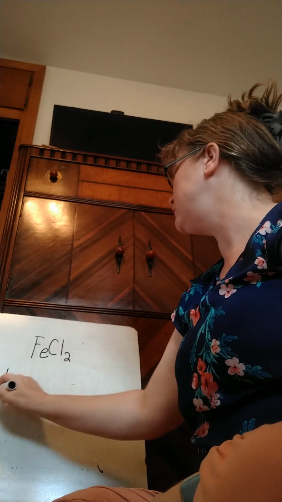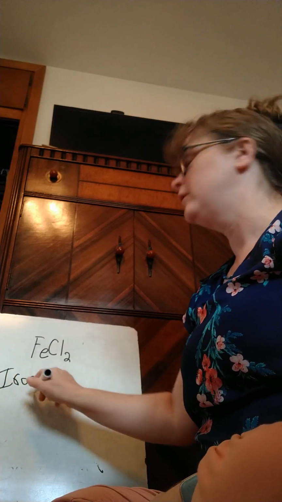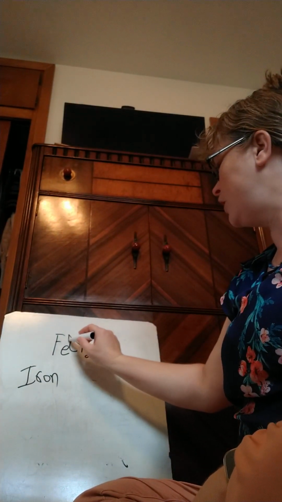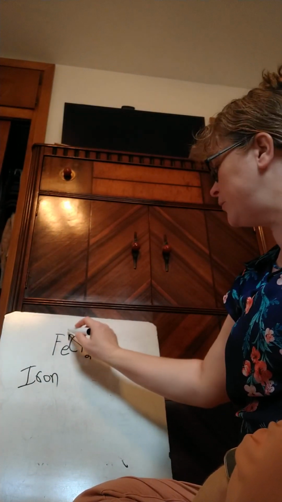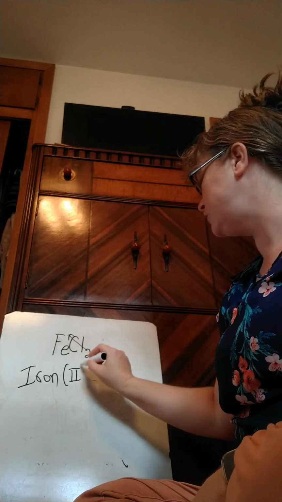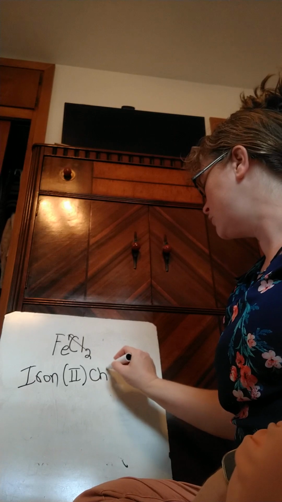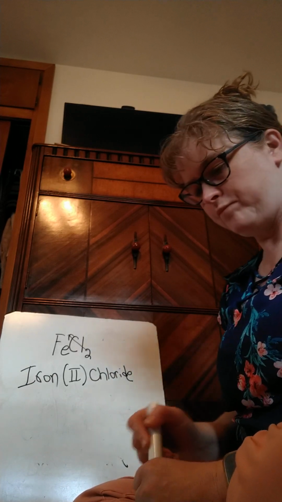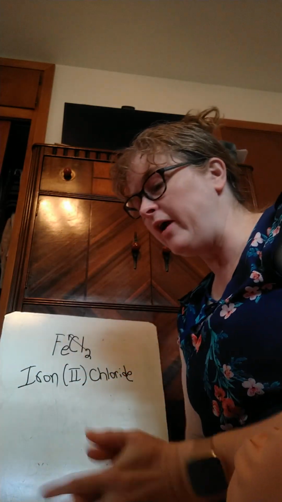So we know it's iron, but then we need to know what iron's charge is. We look here. This number came from the charge of iron. So that means iron had a charge of 2, chloride. You just work a little backwards on that.